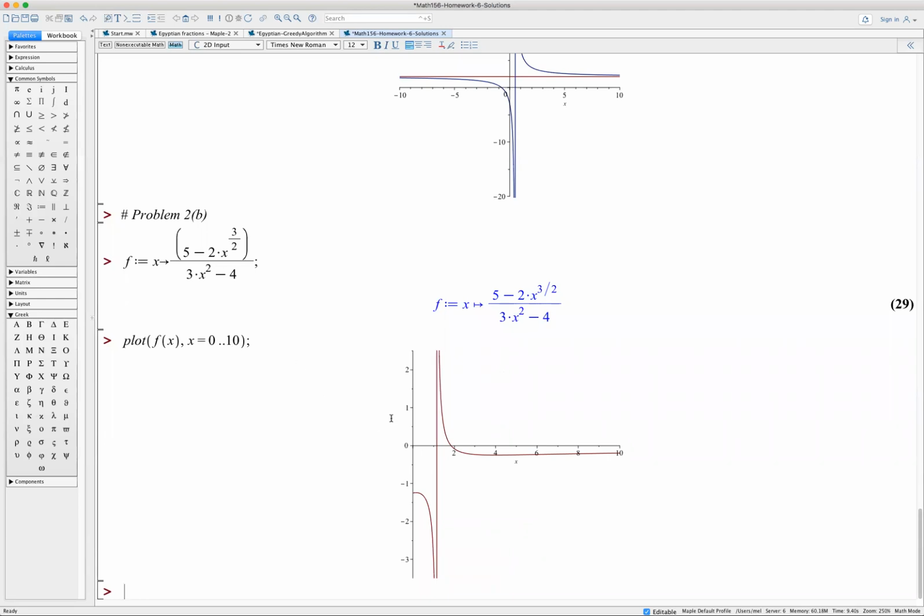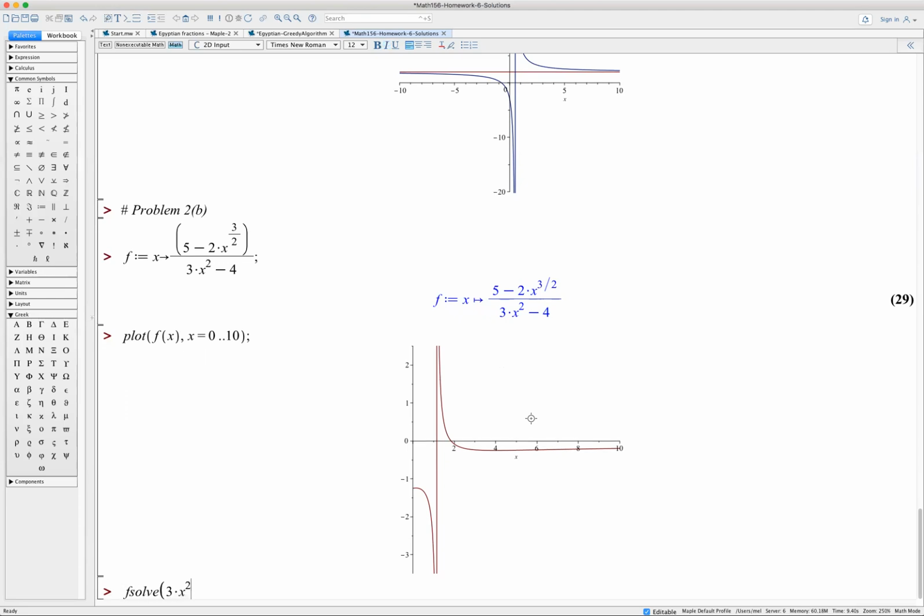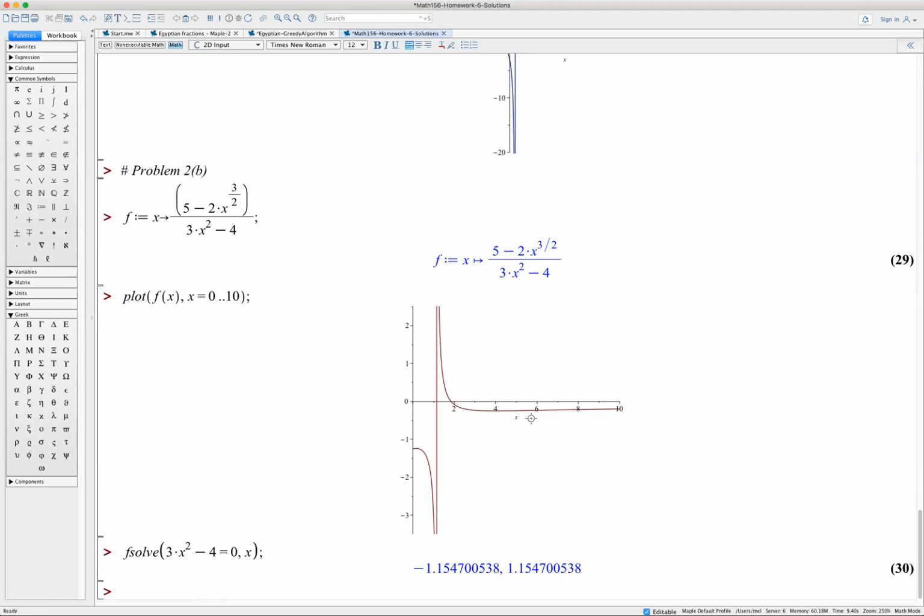Now, there's a vertical asymptote where the denominator is 0. So if we solve 3 times x squared minus 4 equals 0 for x, we get 2 solutions, only one of which is positive. And if we look for a positive solution, it's this number.